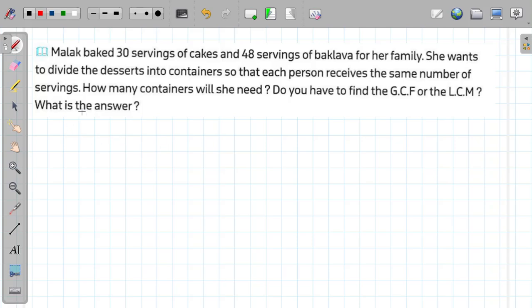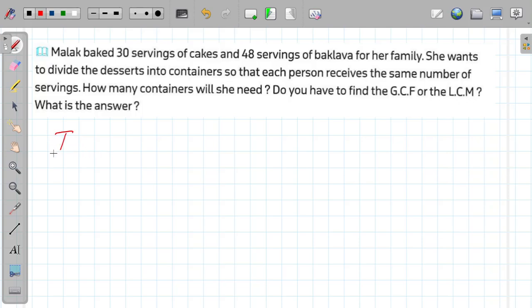Okay, so let's analyze the problem carefully. The first thing here is I want to divide the two numbers into containers. Divide means I want to find the greatest common factor. So the first question, do I have to find the greatest common factor or the least common multiple?